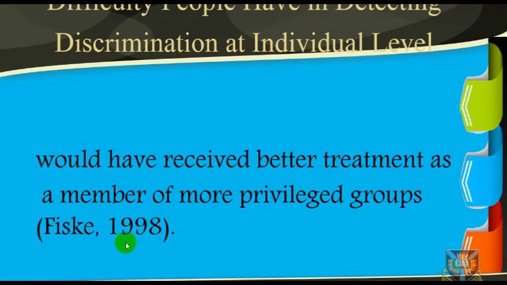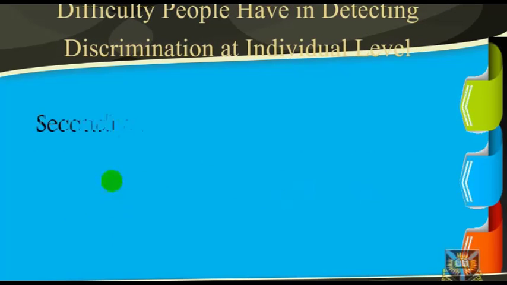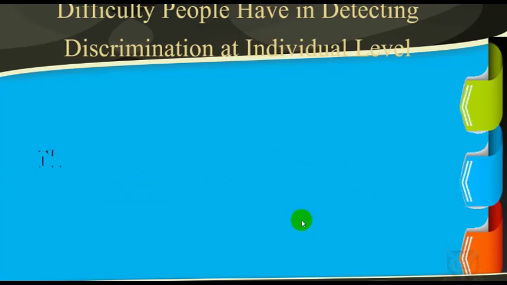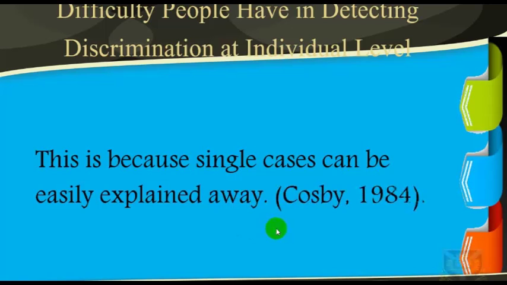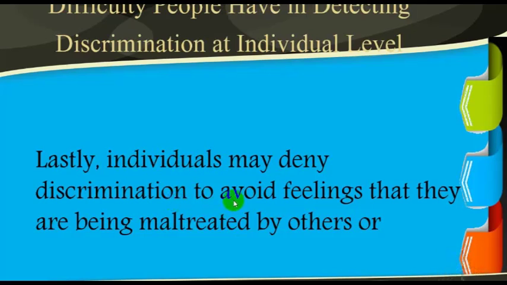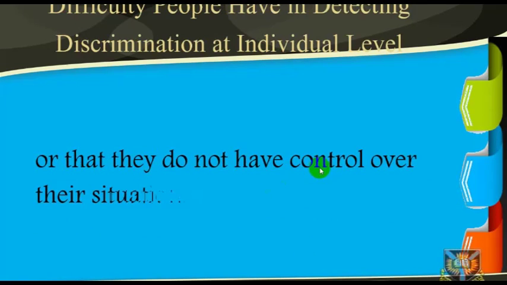Frisk, 1998. Secondly, discrimination is easier to detect with aggregated evidence than single cases. This is because single cases can be easily explained away. Crosby, 1984. Lastly, individuals may deny discrimination to avoid feelings that they are being maltreated by others or that they do not have control over their situation.